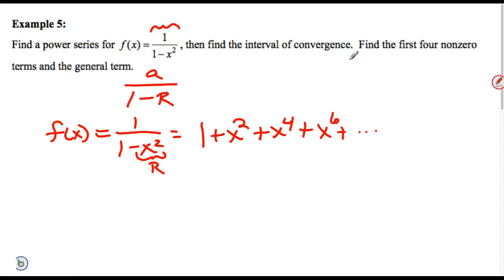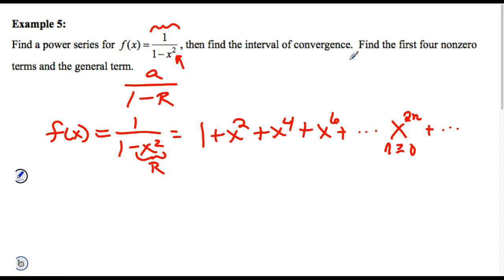And after the dot, dot, dot, what does my general term look like? It's got the even powers, x to the 2n. There's no alternator attached. I would just need to indicate that I'm starting at 0, and I'm done. That's good. Because this is geometric, I don't need to do a ratio test on this.